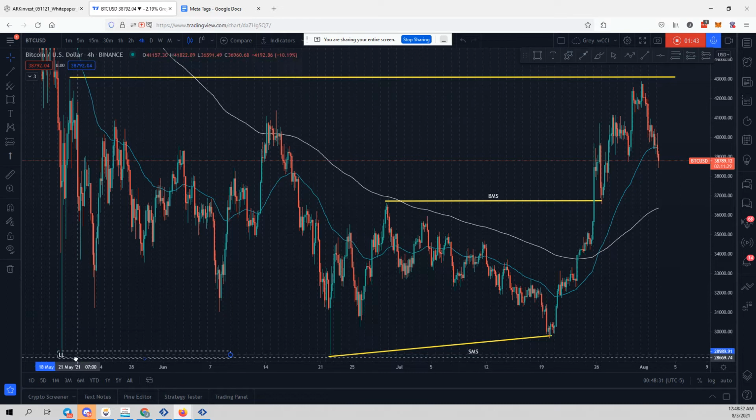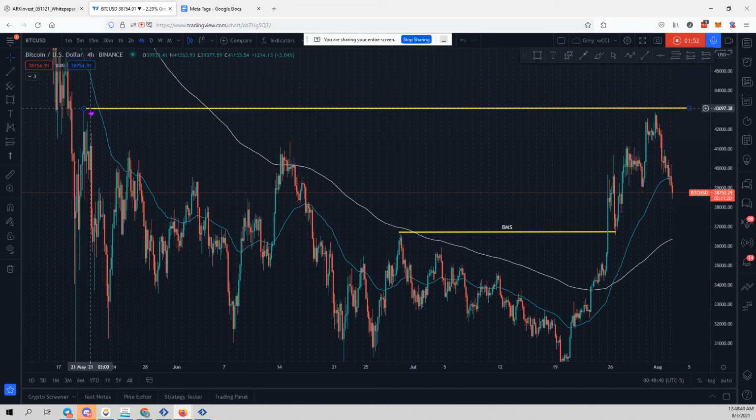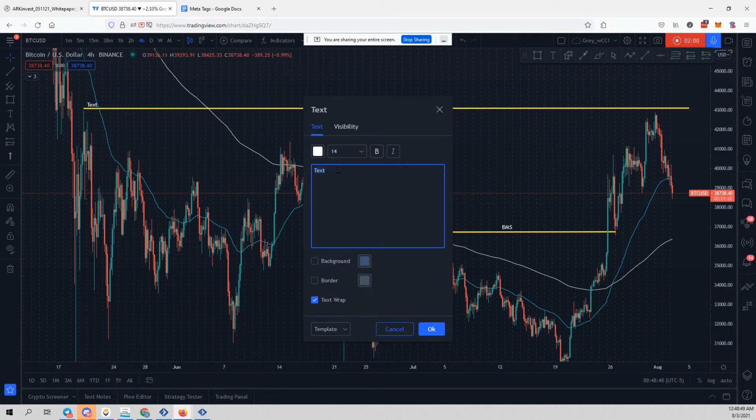Price came down here to this lower low. Once it hit this lower low, and this was back in May, it pushed up and it failed to break up into the section. So this produced another lower high. That's what it produced, right? So it is lower than the previous high, LH.